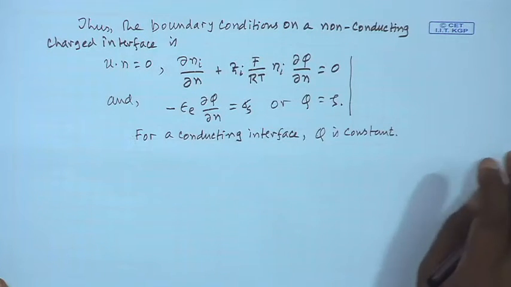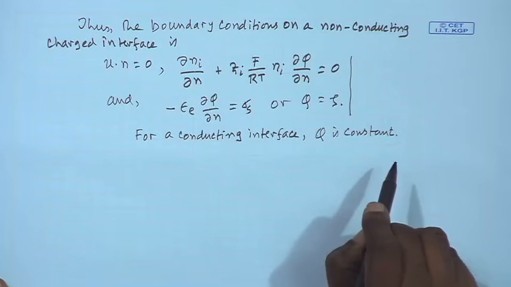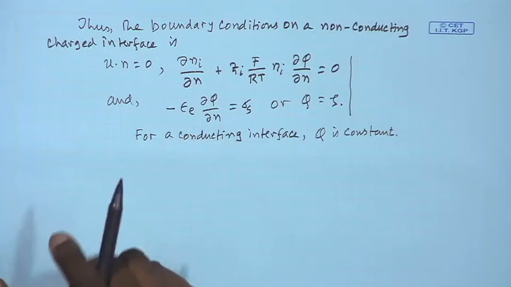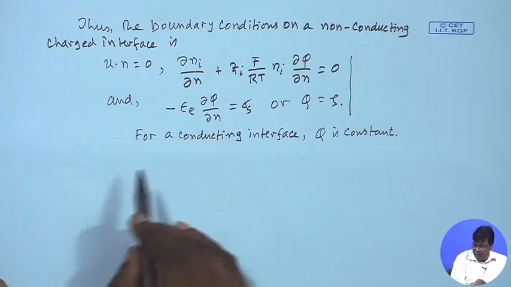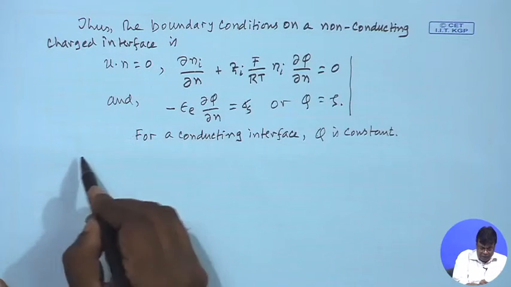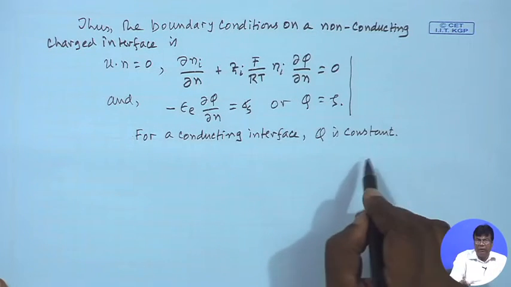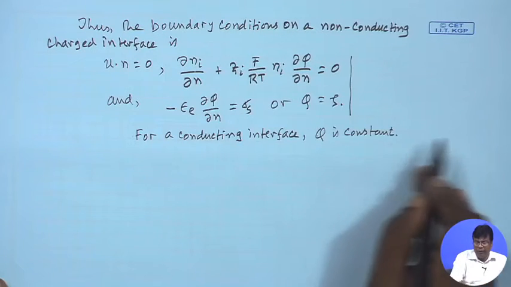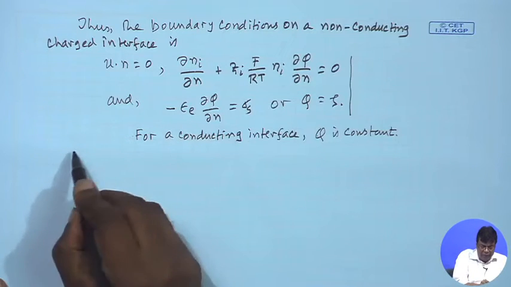Now, if the interface is such that it is separating two dielectric media, then we have the continuity of the dielectric displacement vector and also the continuity of the electric potential. Suppose I am considering a flow or phenomenon over a dielectric rigid solid body.